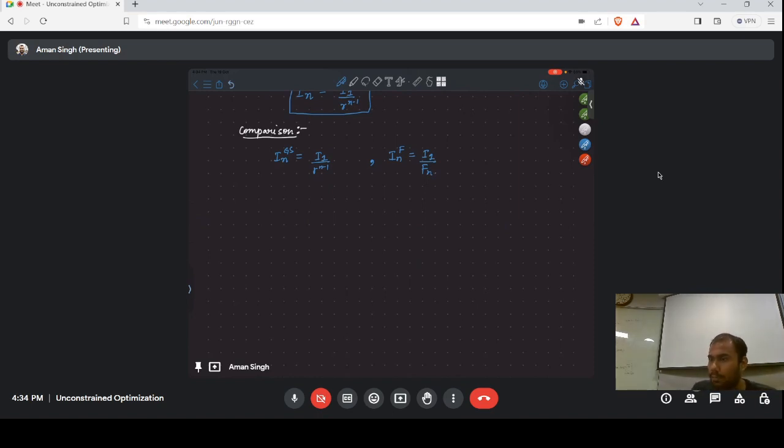It turns out that for large n, Fn can be approximated as r to the power n plus 1 upon root 5. This is a standard result that you can see online. I'm not going to prove it here, but nth term can be approximated as r to the power n plus 1 by root 5 for very large n.